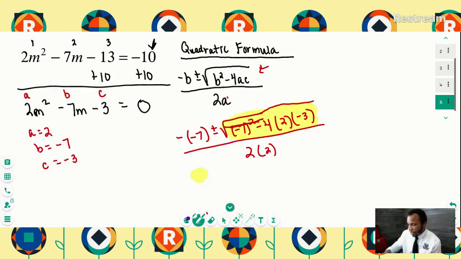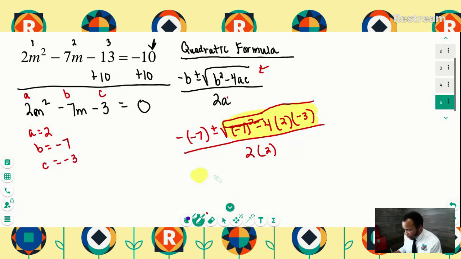This is another place where your calculator is going to come in handy, because we can solve this by breaking it down and working it piece by piece, or we can use the calculator to help us. Since I have the calculator here, I'm going to use it. So we have open parentheses, (-7) squared minus 4 times 2 times -3. And that gives us 73.